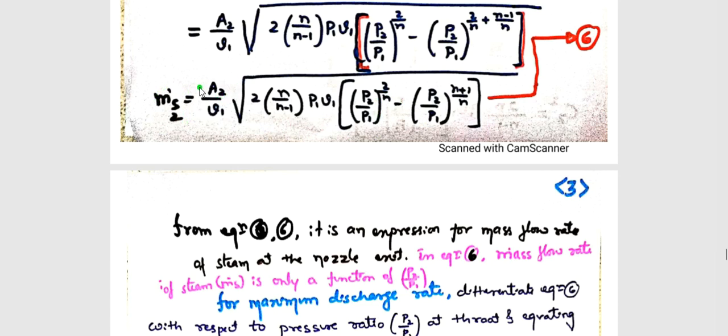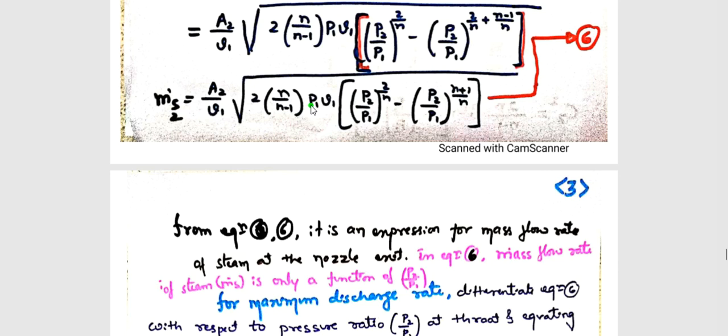A2 is a geometric constant, it will be given in the problem or numericals. V1 is the specific volume of fluid at inlet. Inlet we can measure easily. 2 is constant, n is constant for the given gas, P1 is pressure at inlet, a known value, because properties at inlet will be given and we can measure easily because it is in our hand.